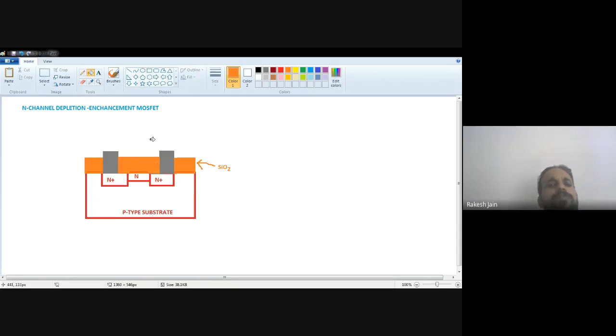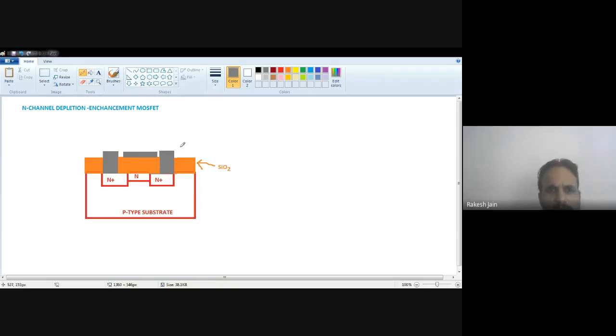And now from this side we will take out, with the help of aluminum metallization, the third terminal, which is known as your gate terminal. So we will finally take it out from this aluminum metallization.